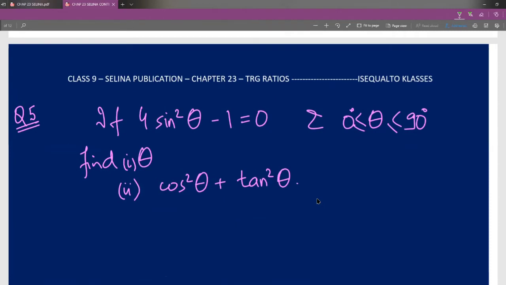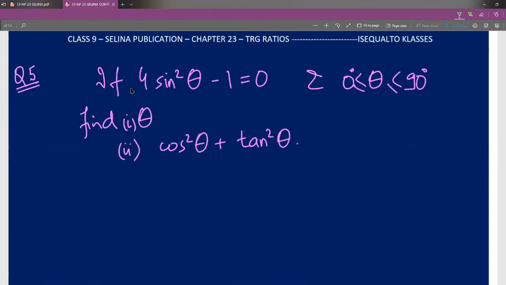Now our fifth question. Our fifth question states that if 4 sine square theta minus 1 is equal to 0. So again we have to solve this main question. We have to find theta, and whatever answer we get for theta, in my first question we'll find theta by solving this equation. Then in the second question, whatever value you get for theta, say for example we get 30 degree, we'll substitute the value for theta with 30 degree, and then we'll solve this equation.